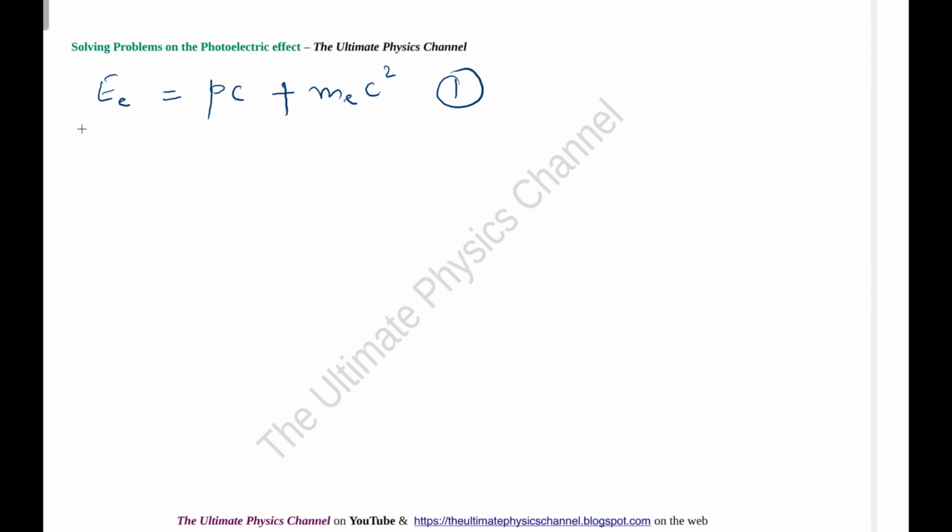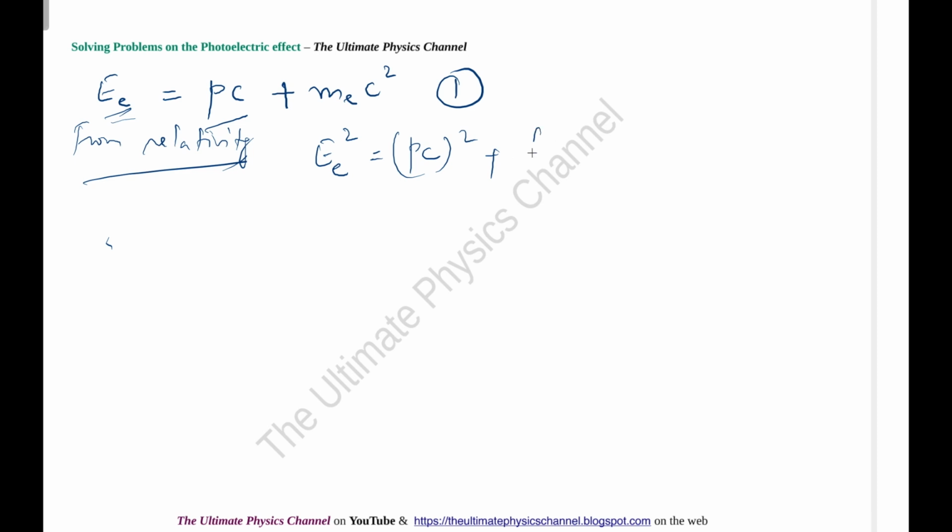From relativity, we know that E suffix e squared is Pc squared plus me c squared whole square. Let's say that is equation 2.